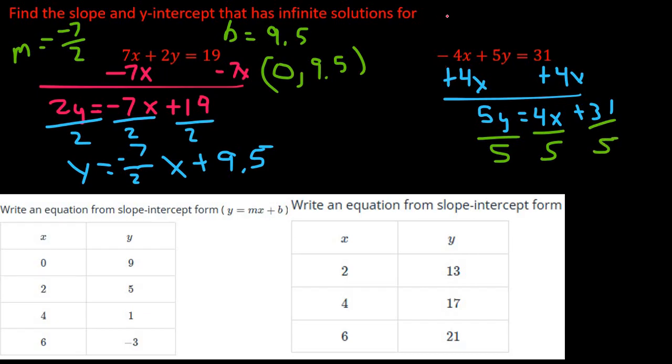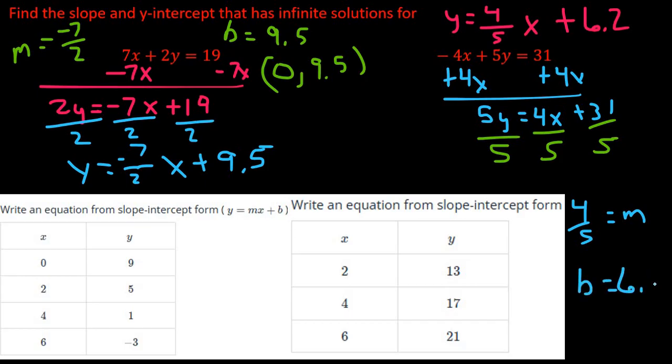That gives us the equation y equals 4/5 x plus 6.2. So the slope that would have infinite solutions would be 4/5, and your b would be 6.2. Or again, if it wants it as a coordinate point, we would write 0, 6.2.